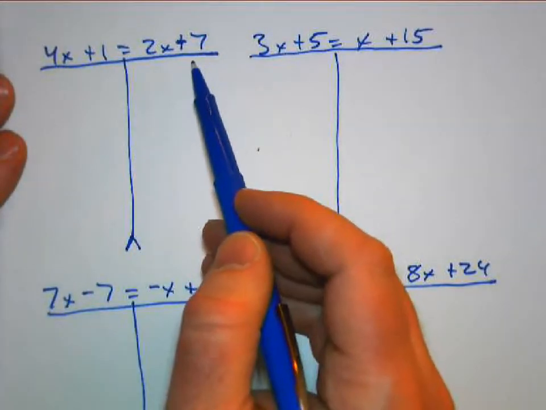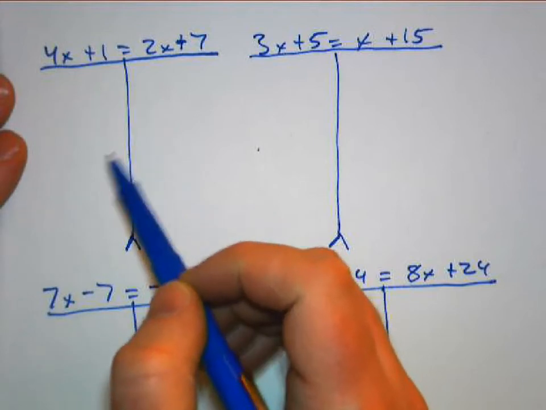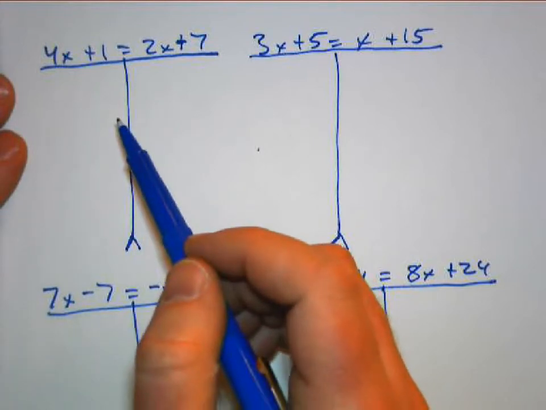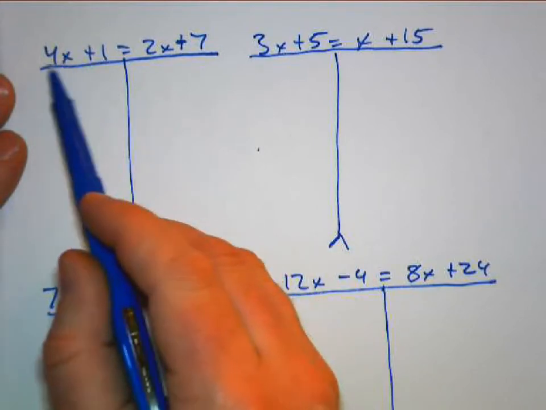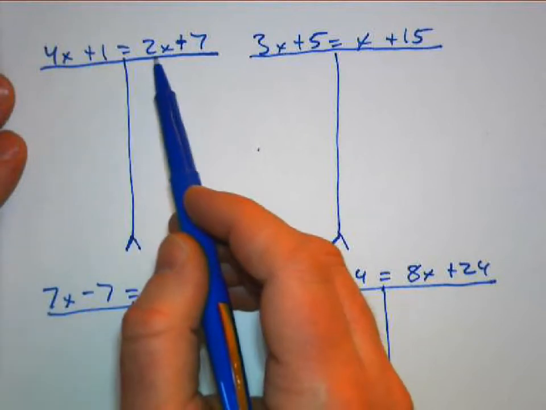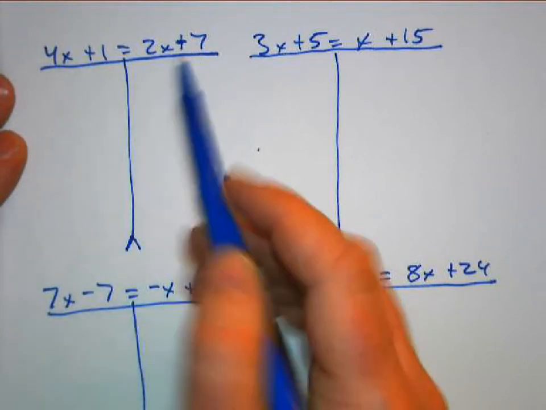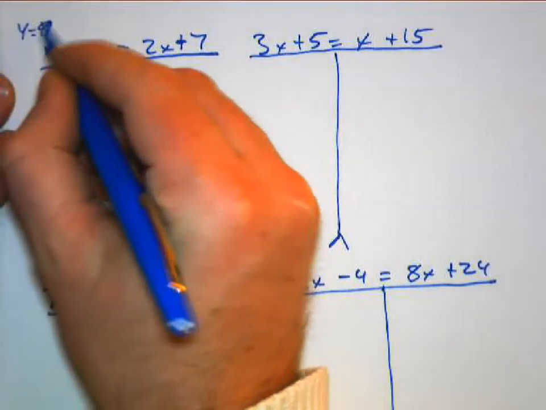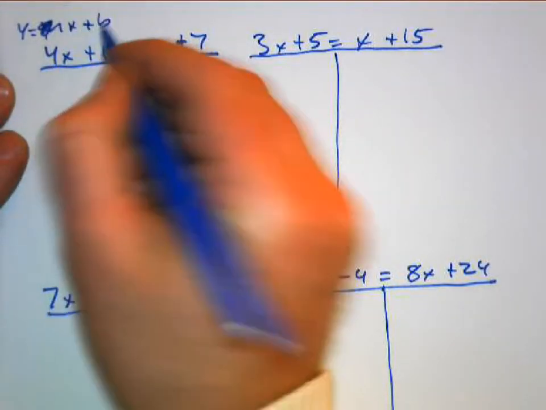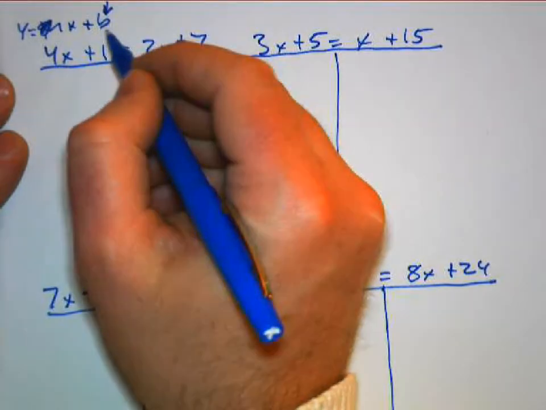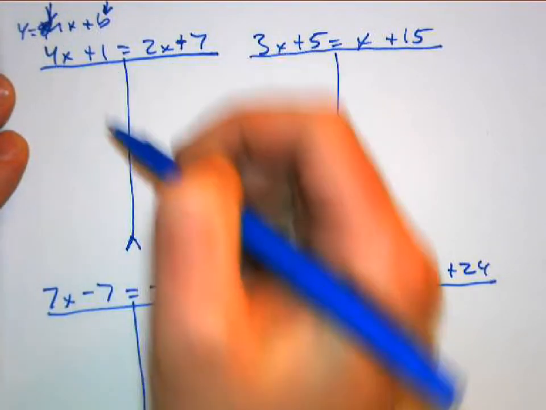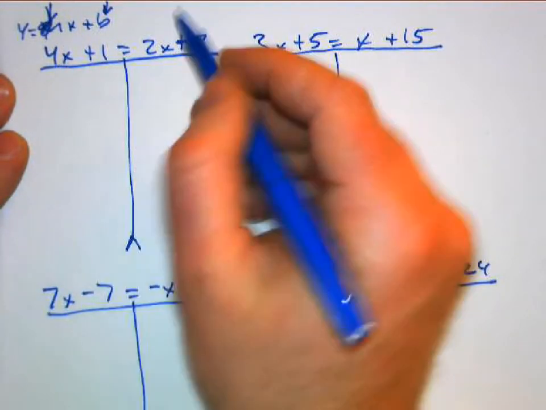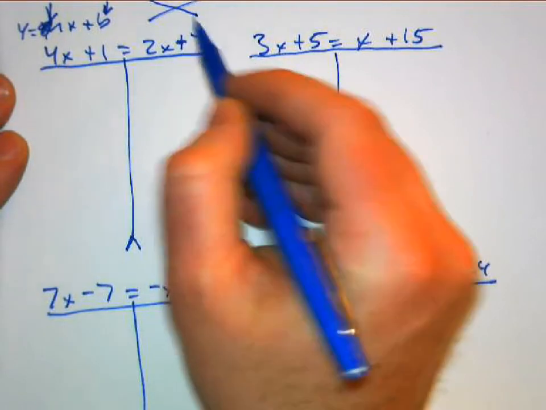And when we solve for X, we're actually finding where this line, 4x plus 1, intersects with this line, 2x plus 7. You'll find that this equals the y equals mx plus b format, with this being your y-intercept and this being your slope. So these two lines have a point at which on a graph they intersect, and this equal sign is going to find that.